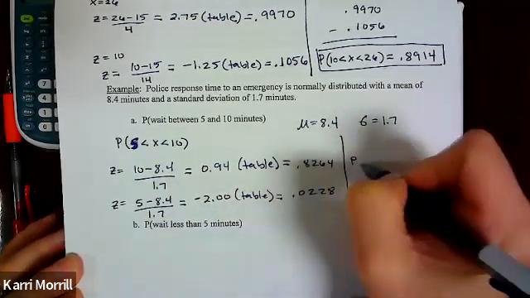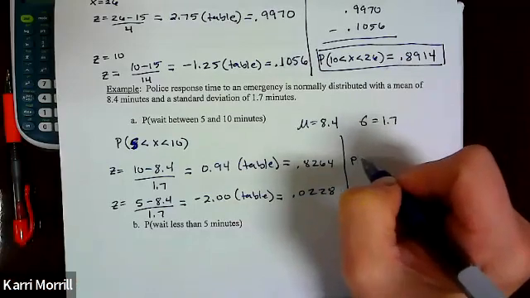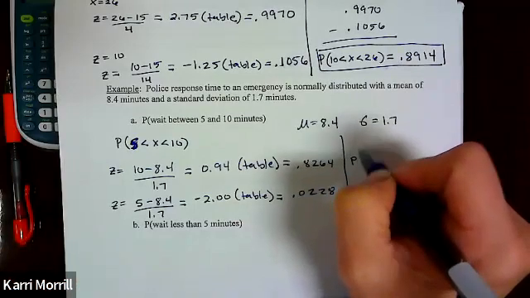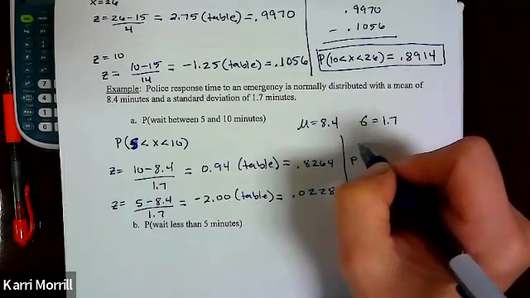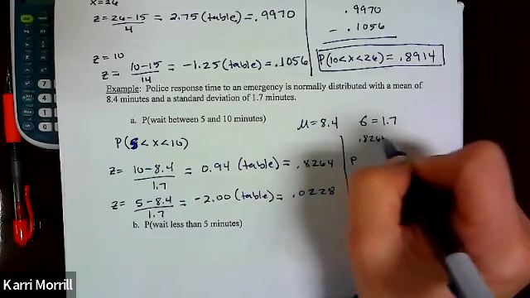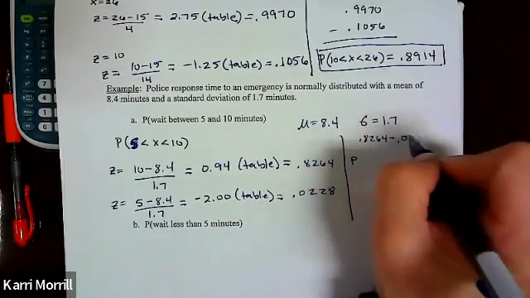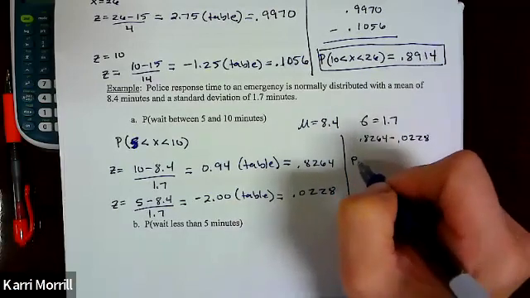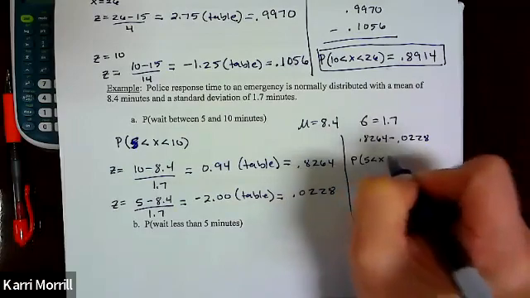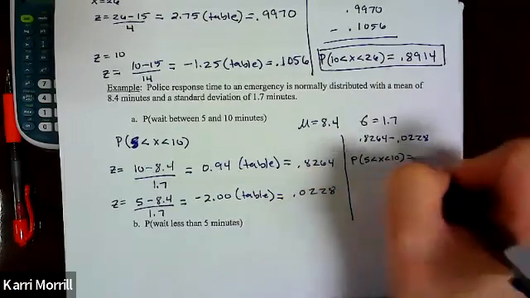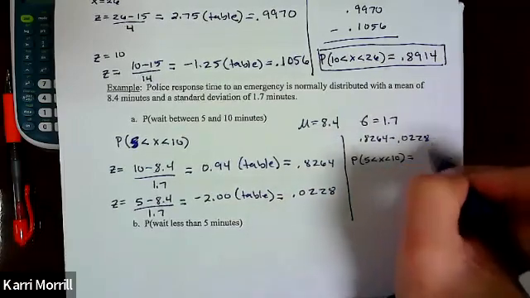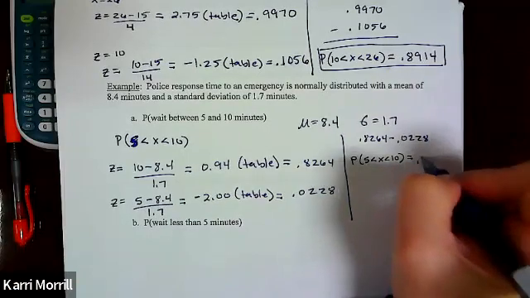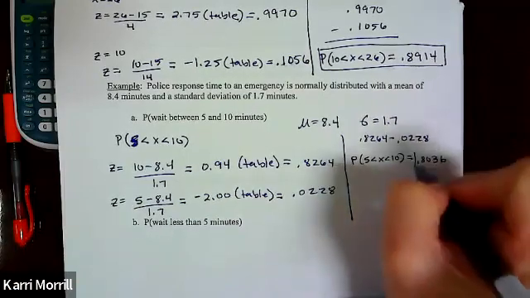To find that probability, remember, we're going to be subtracting those two: 0.8264 minus 0.0228. So the probability of 5 less than X less than 10, when we subtract that, we get 0.8036.